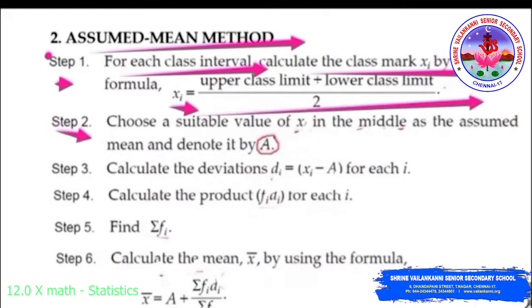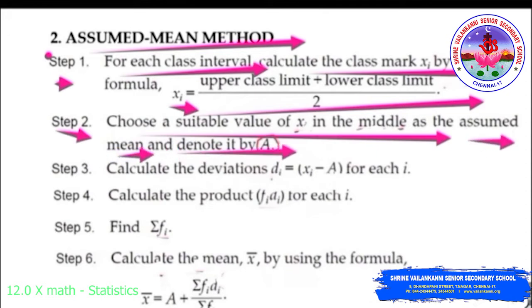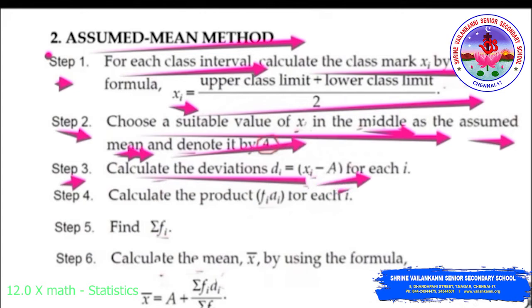Step 2, choose a suitable value of xi in the middle as the assumed mean, denoted by A. Step 3, calculate the deviations d, by subtracting xi minus A for each i. Step 4, calculate the product, that is, multiply frequency into the di column.